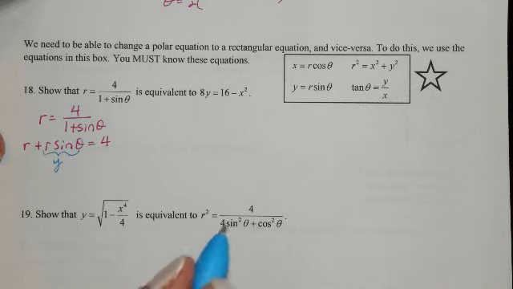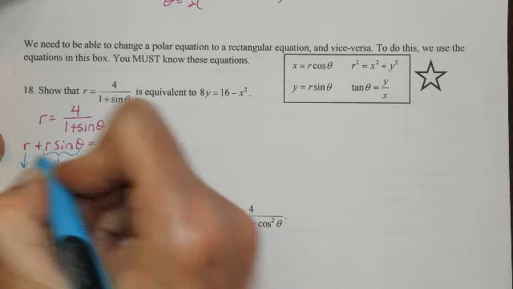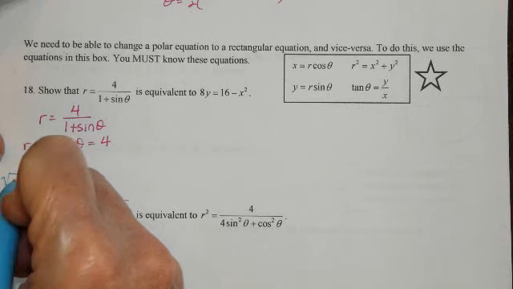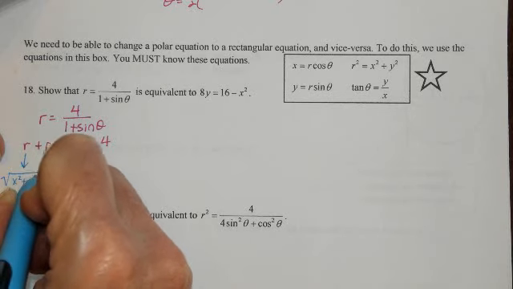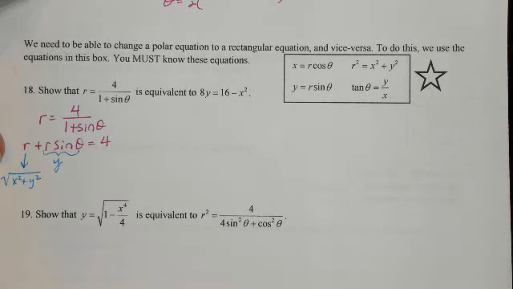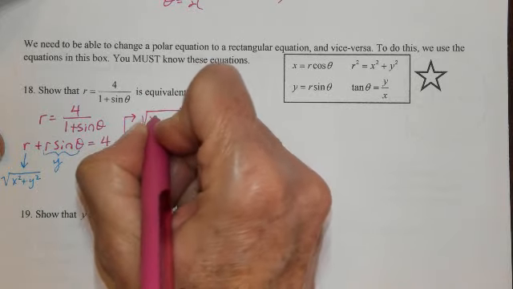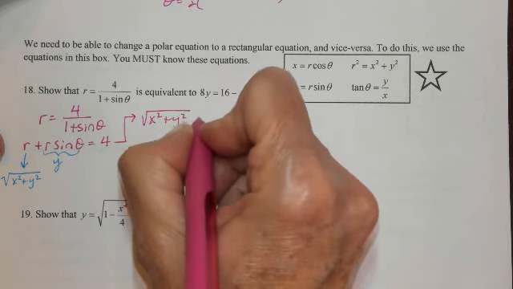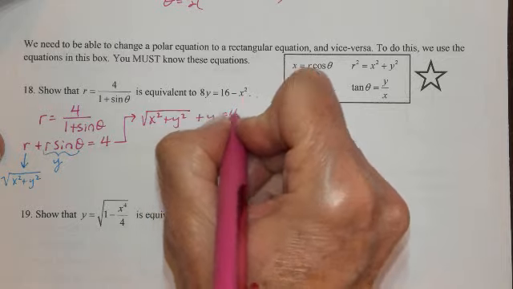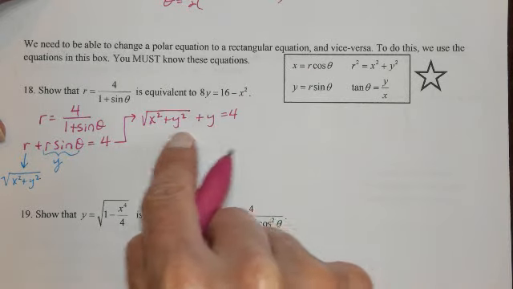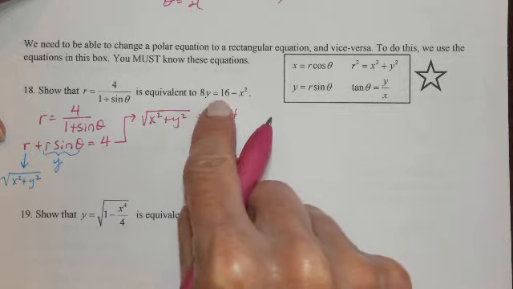I like having y. And I know what r is. R is the square root of x squared plus y squared. So what I have now is the square root of x squared plus y squared plus y is equal to 4. Okay?